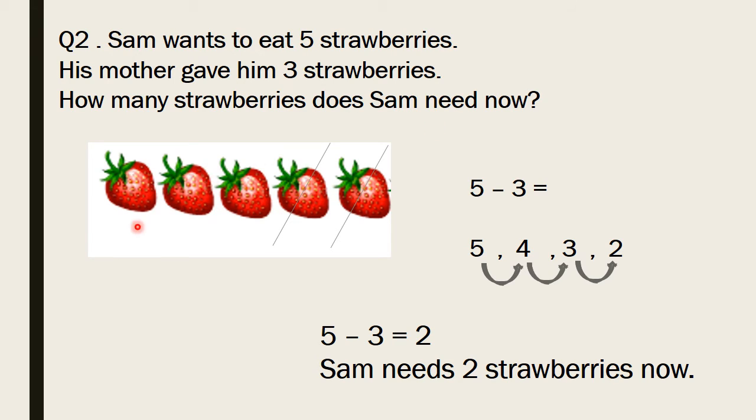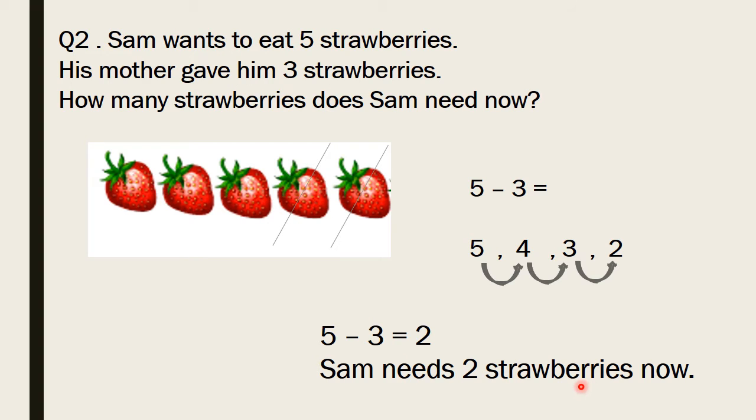Sam wants to eat 5 and his mother only gave him 3. Right? 1, 2 and 3. So how many strawberries does Sam need now? If I just use the picture, 5 minus 3 is, if I cancel out 3, how many are left? 2. So Sam needs 2 strawberries now.